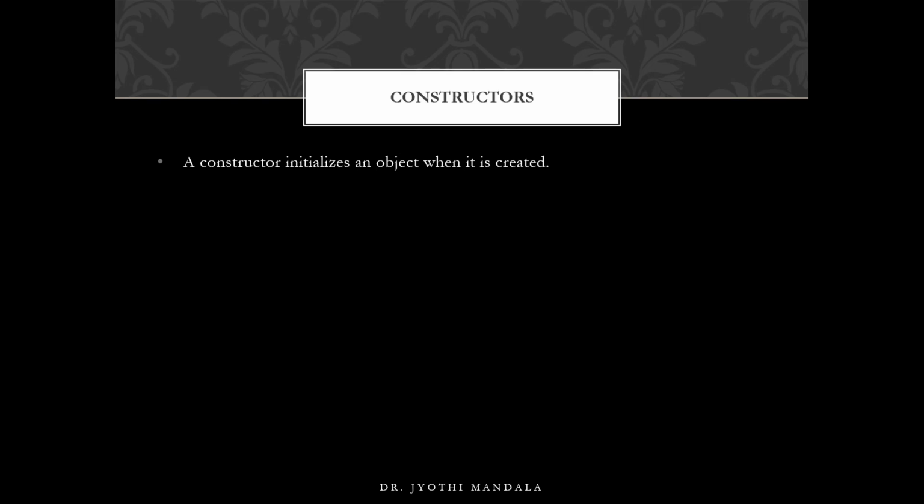We have created the object by using the new operator, and we have written that statement in our program, but unknowingly it is calling a default constructor. Even if you have not written any statement as part of a constructor, at the time of object creation the constructor will be called.